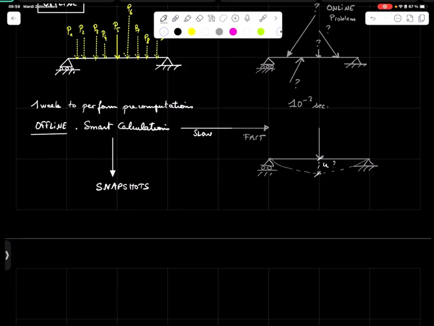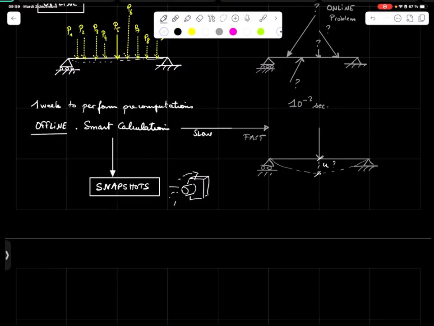Snapshots, the word is pretty easy to understand. It comes from the idea of a camera, right? So you take a camera and you want to take a snapshot of whatever, and you look at something and you record the deformation. So I will take, let's say, P1, and I will record the deformations. I'm very bad at drawing deformed curves, so maybe don't even look at this. It's horrible.